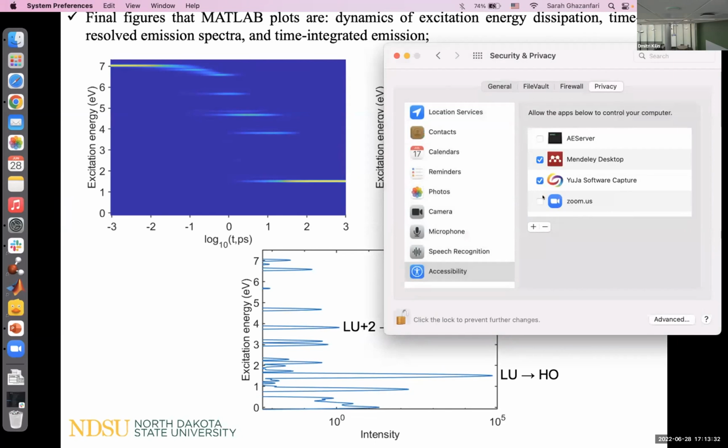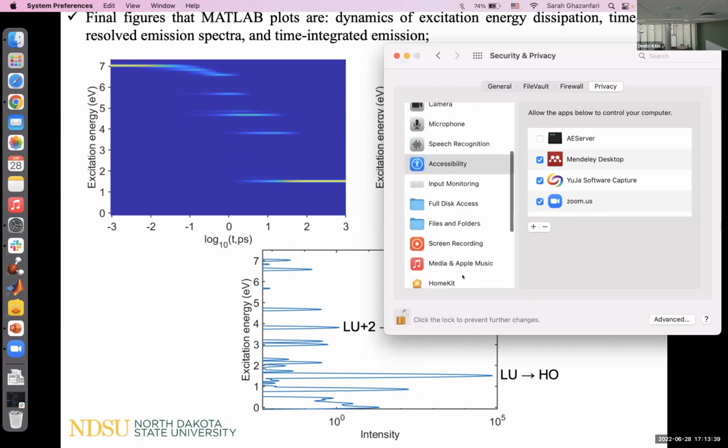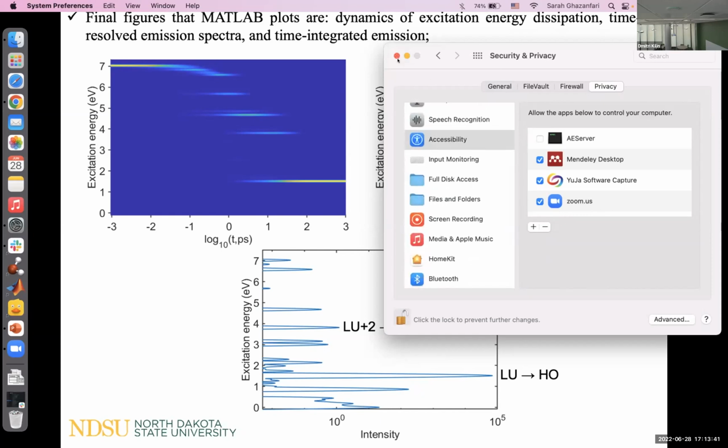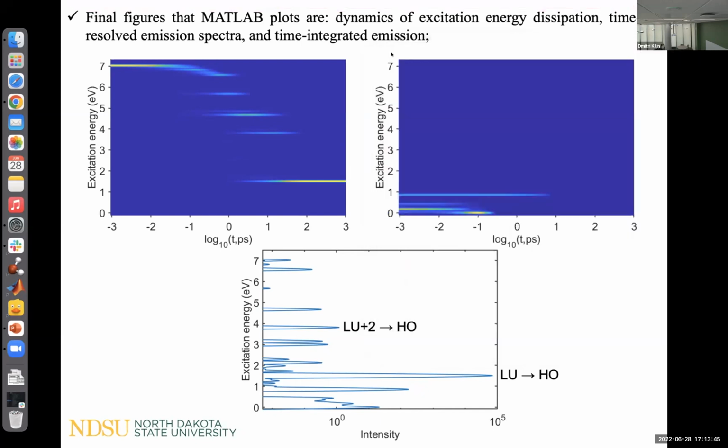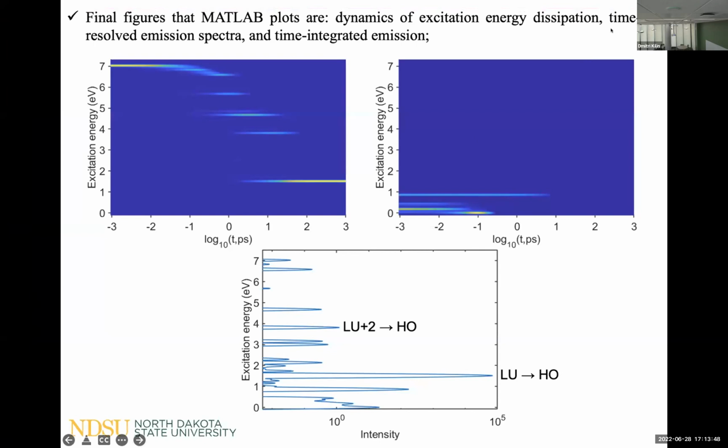Can I ask why we think the LUMO plus 2 to HOMO transition is so much more important, when the one at about 0.8 eV has two orders of magnitude higher intensity? Okay, Sarah, please prepare to answer David's question, and I will contribute a little to the question of Dinesh.